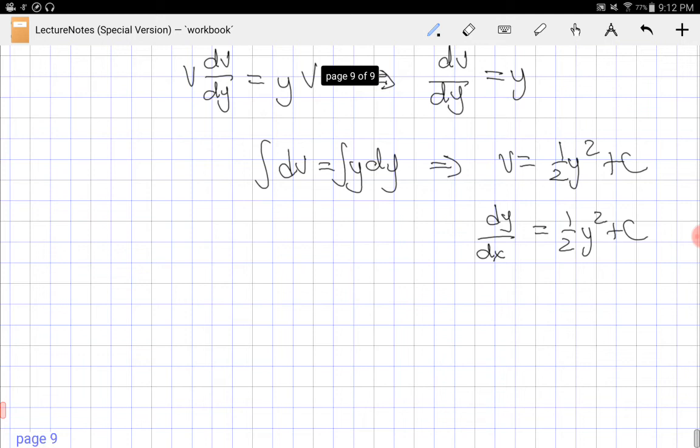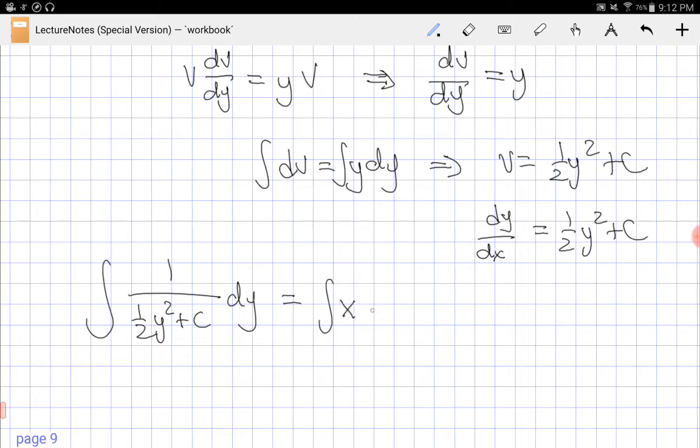Now this is also variable separable because I can move all my y's to the left hand side and all my x's to the right hand side. So we would have 1 over (half y squared plus c) dy equals the integral of x dx.